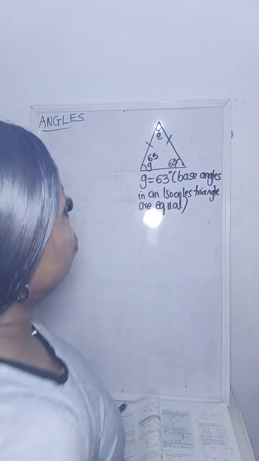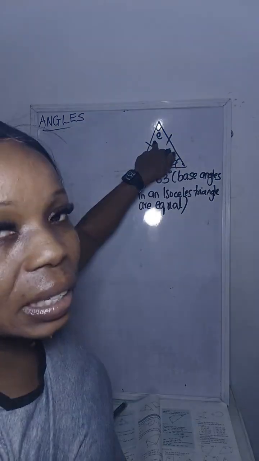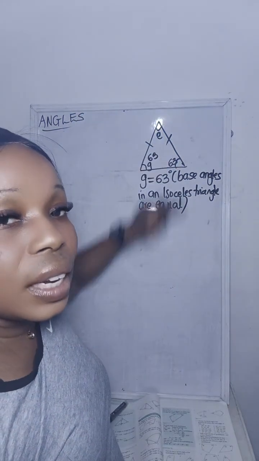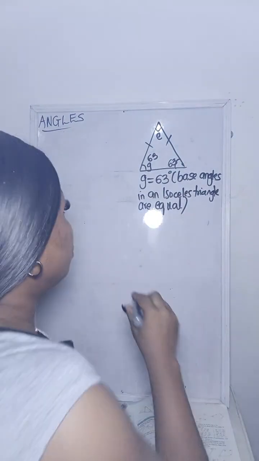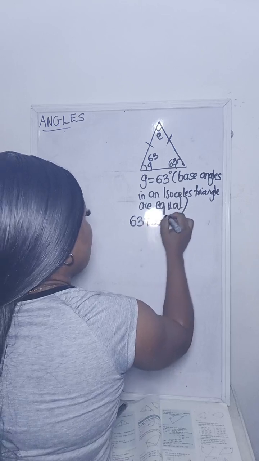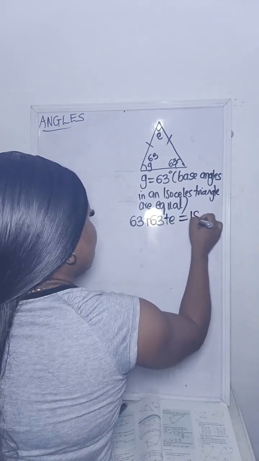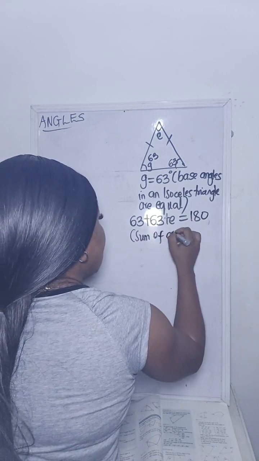Now, since we know our G and we've been given this, getting angle E would be very, very easy. That's because the sum of angles in a triangle equals 180. So 63 plus 63 plus E equals 180 degrees. That's because of the sum of angles in a triangle.